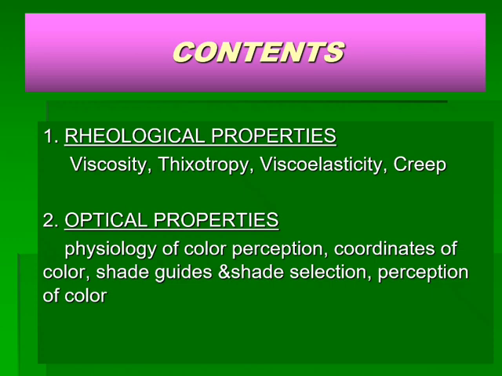So basically, there are the following types of properties. Number one, rheological properties. Example, viscosity, thixotropy, viscoelasticity, creep. Second property is optical properties: physiology of color perception, coordinates of color, shade guides and shade selection, perception of color.